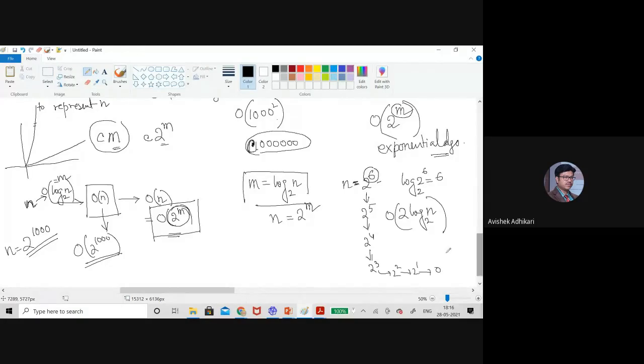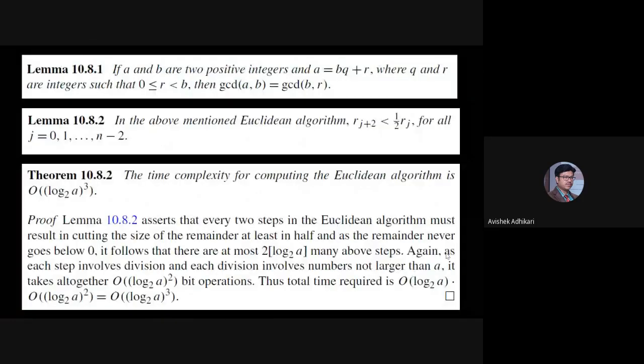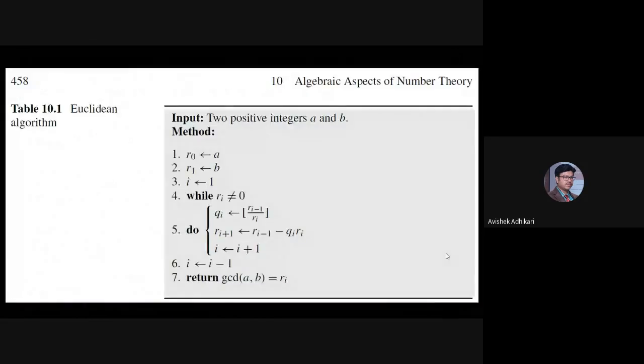In every step, what you are going to do is some division and some subtraction. Which one is costlier, division or subtraction? Just now we have seen which one is costlier.